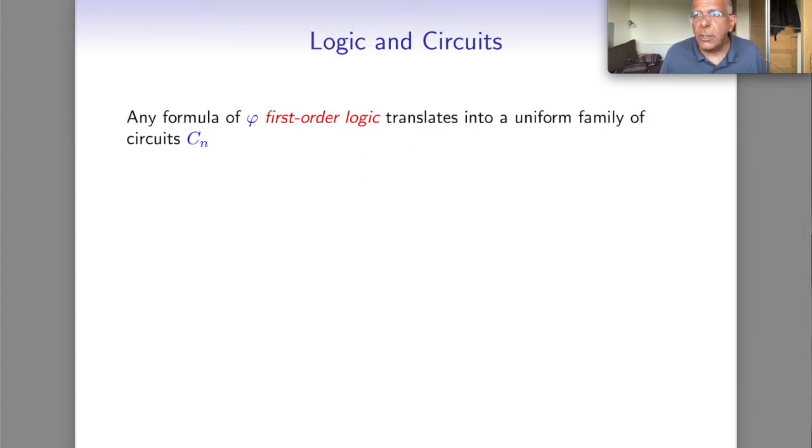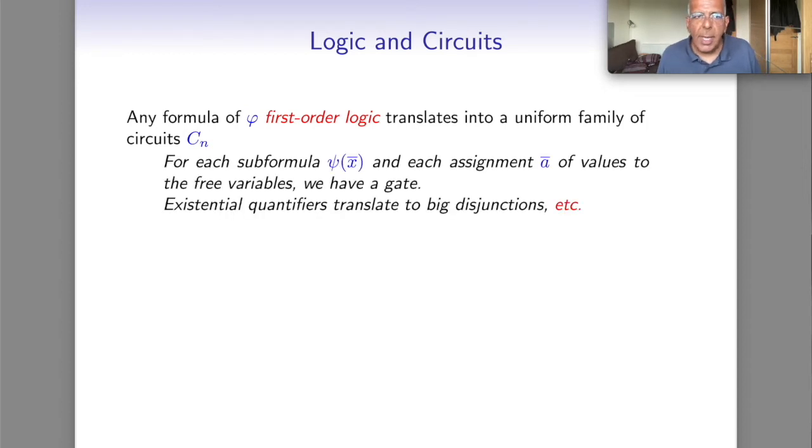But symmetric circuits arise fairly naturally, and again, we saw this briefly before. If you take a formula, for instance, of first-order logic, it gives us a uniform family of circuits Cn, which are symmetric. So how do you do this? You basically take every subformula and any assignment of values to the free variables, right?